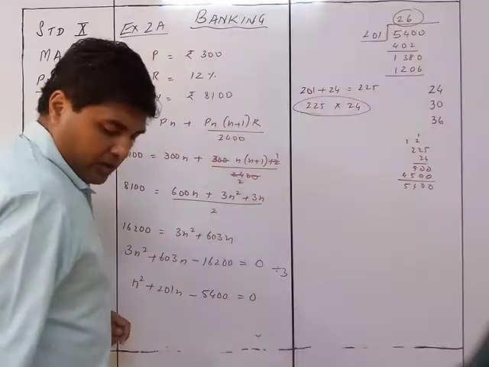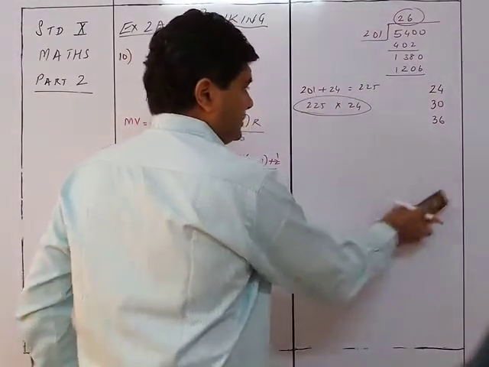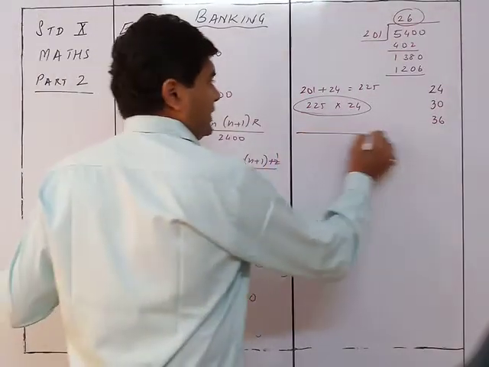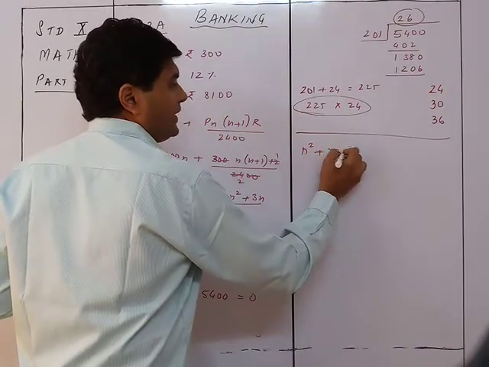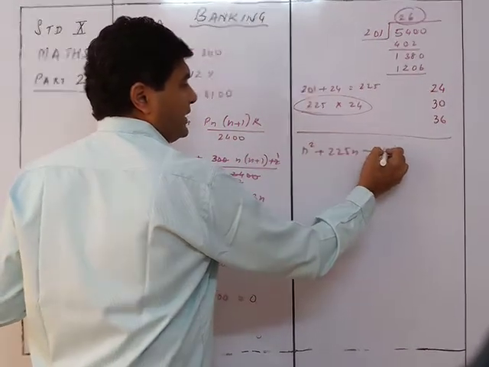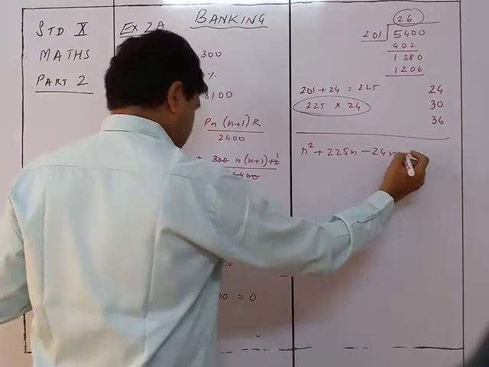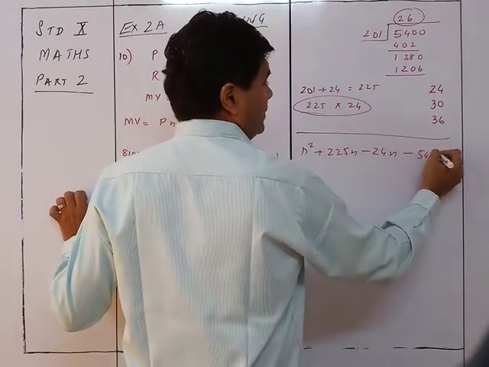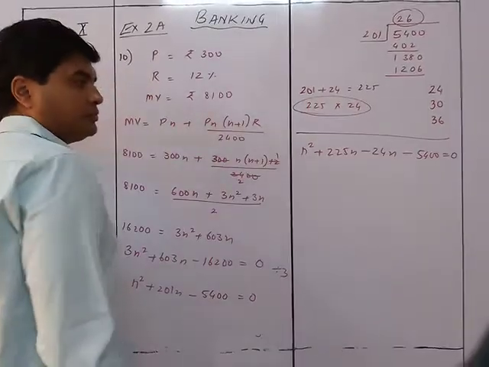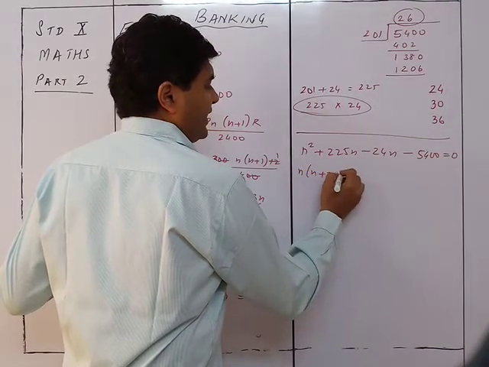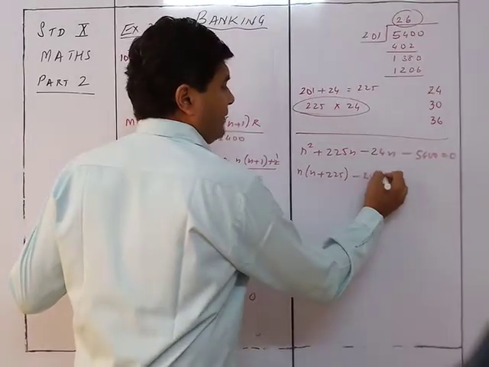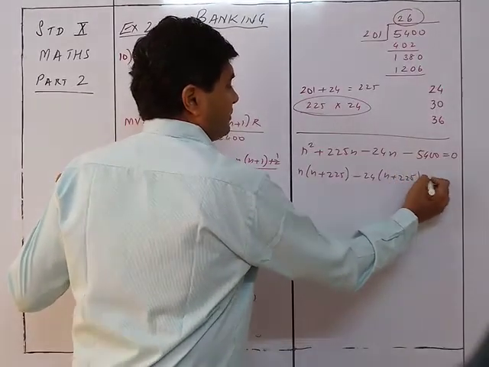Accordingly we get the splitting of this equation as n square plus 225n minus 24n minus 5400 is equals to 0. So it will be (n plus 225) (n minus 24) is equals to 0.